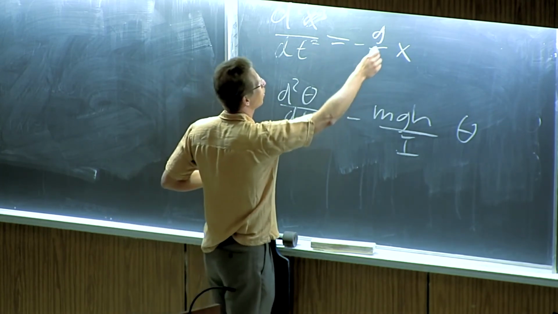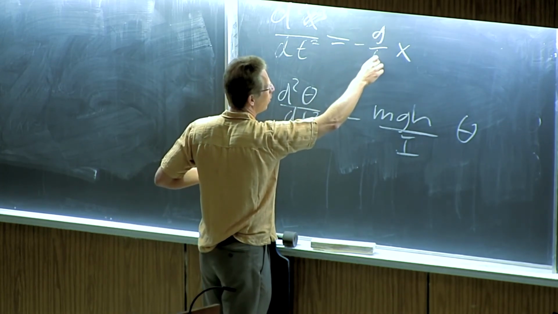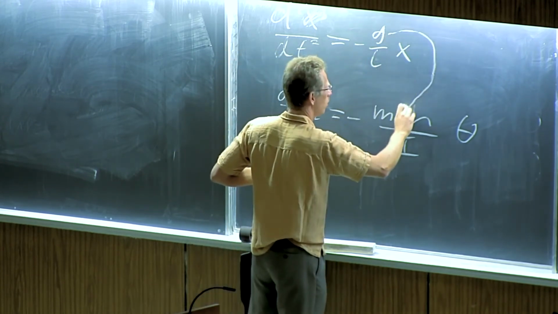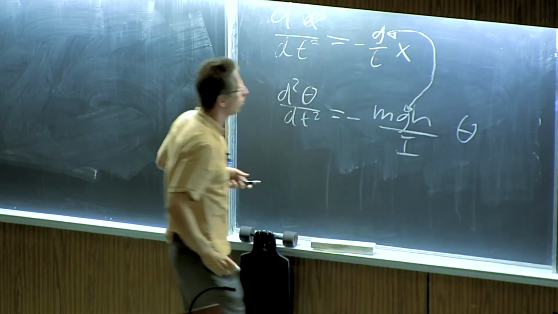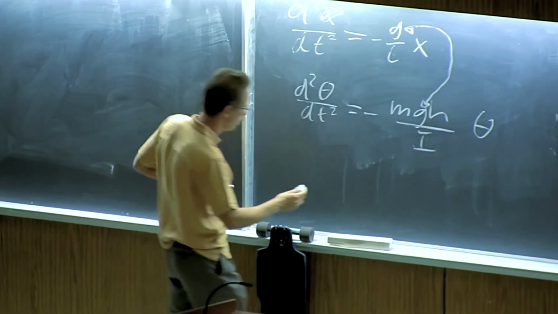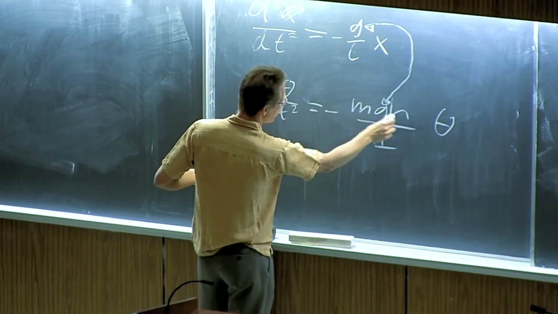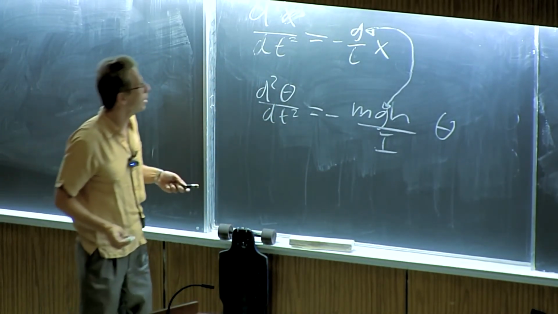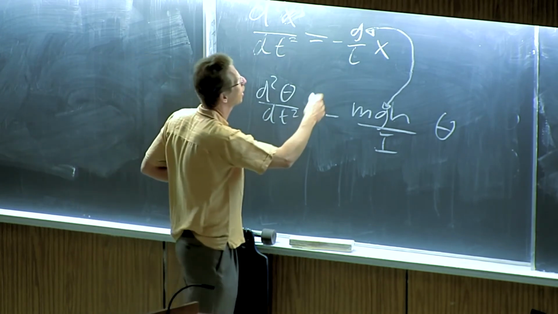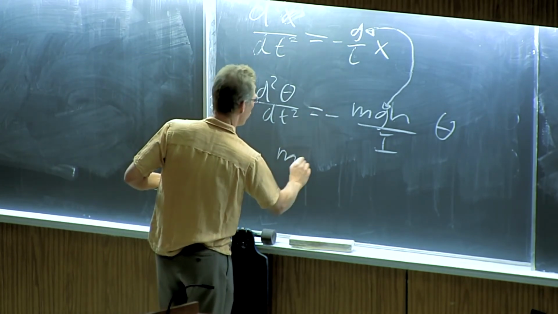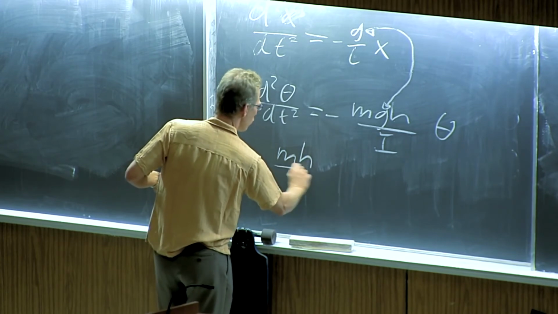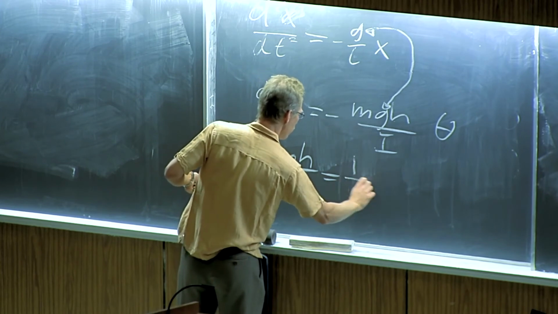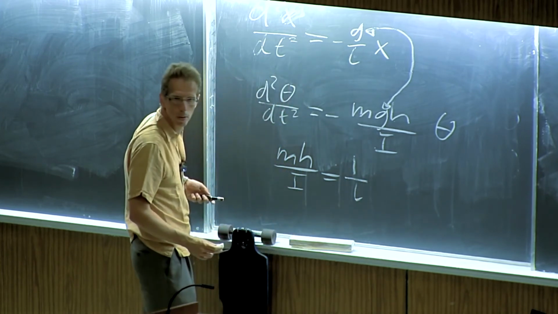Therefore, I want to define a quantity so that both of these expressions have g in it. So that part is nice, but the remainder, the mh over I, I want to think of it as just like a length. So I know from those two equations that mh over I must behave like 1 over length.